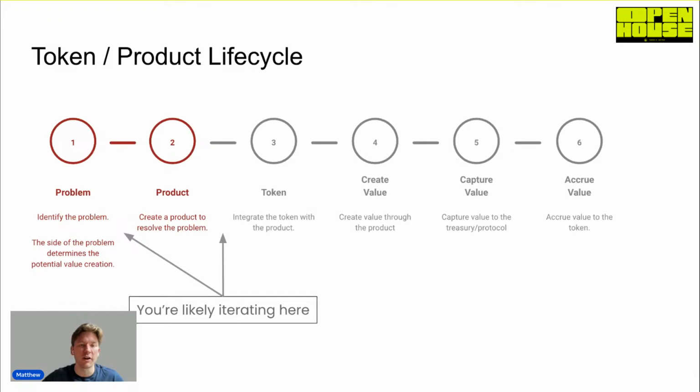And so as you iterate on your product, as you understand your problem better, you understand how the token can be integrated to improve the product, to improve the user experience, and to bootstrap users. Just as the value of the problem is the limit for the value of the product, the amount of value created in that product is, at a fundamental level, the limit for the value that can be captured by the token.